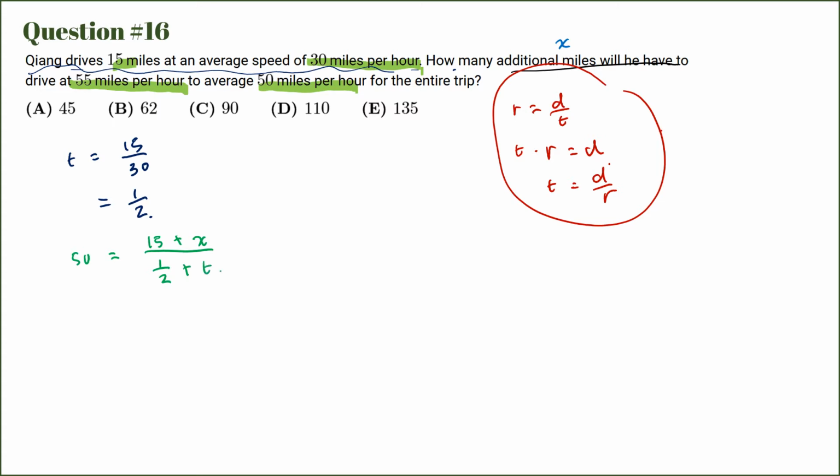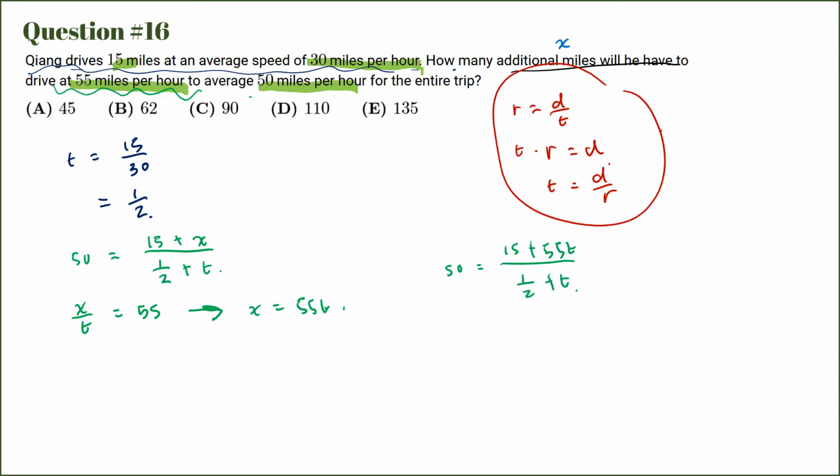We also know that distance over time, or x over t, must equal 55. Now let's find x in terms of t. x equals 55t. So 50 equals 15 plus 55t over 1/2 plus t.